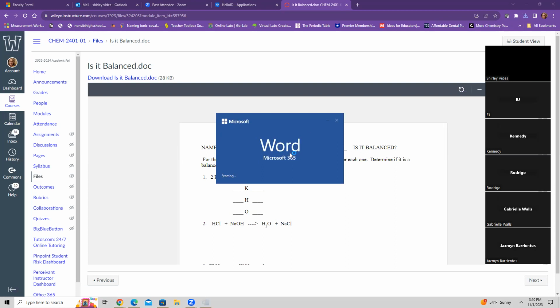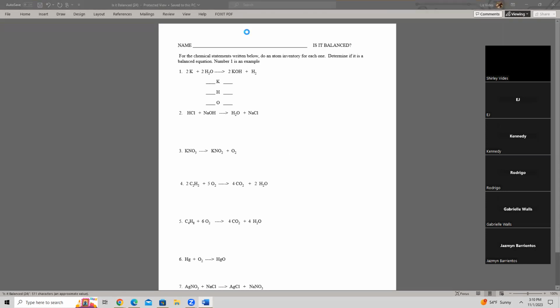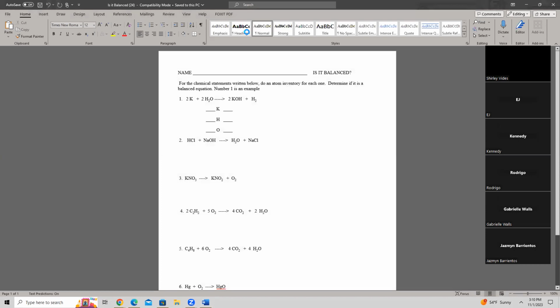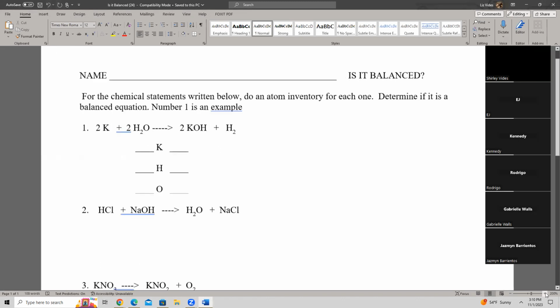I like the inspection method, but there's also what I call the inventory method, because it's like you're taking an inventory of what's there, kind of like what people do when they're looking at their cupboard. They take an inventory and write down the numbers. Well, that's what we're going to do.